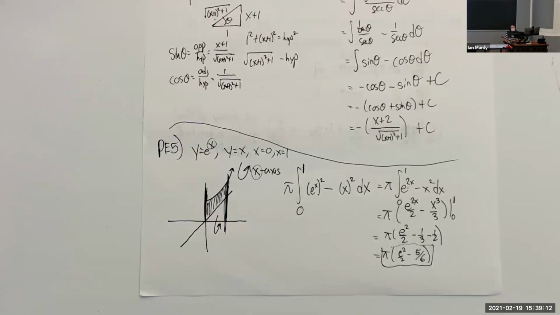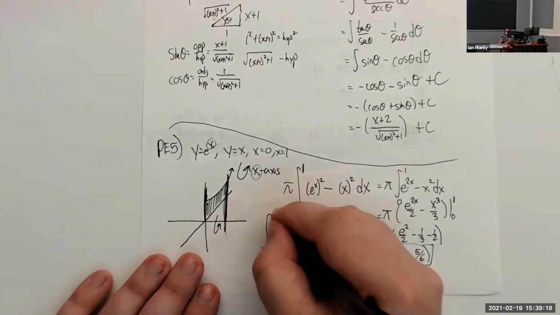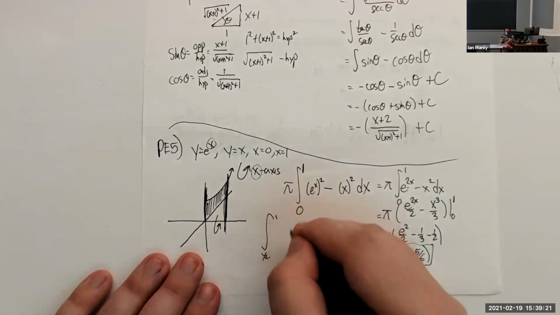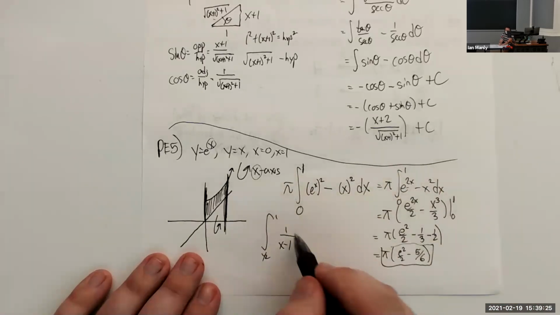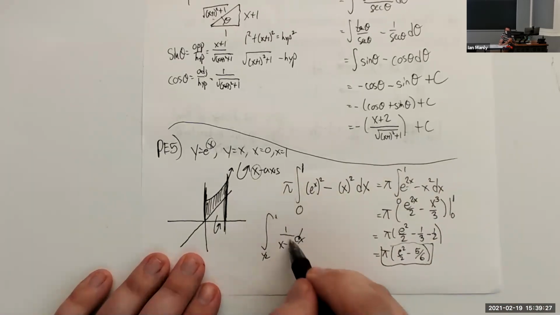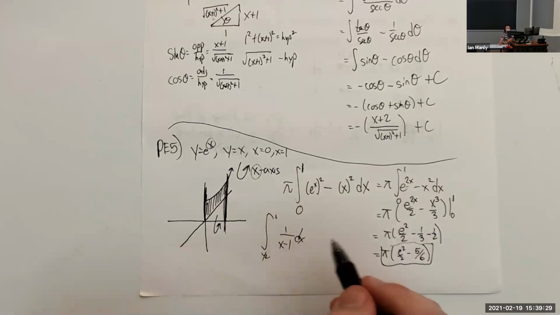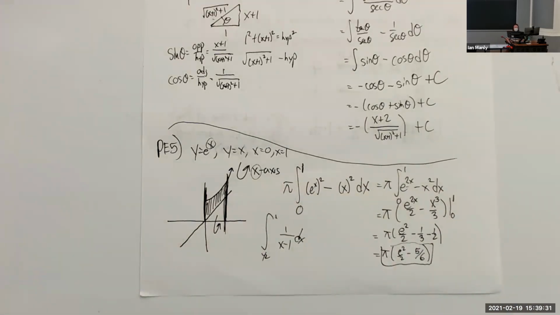If one of your bounds makes the function undefined, like for example the integral from 1/2 to 1 of 1 over x minus 1, this would be improper because this bound makes the function undefined. That'd be the other type of improper integral right here.